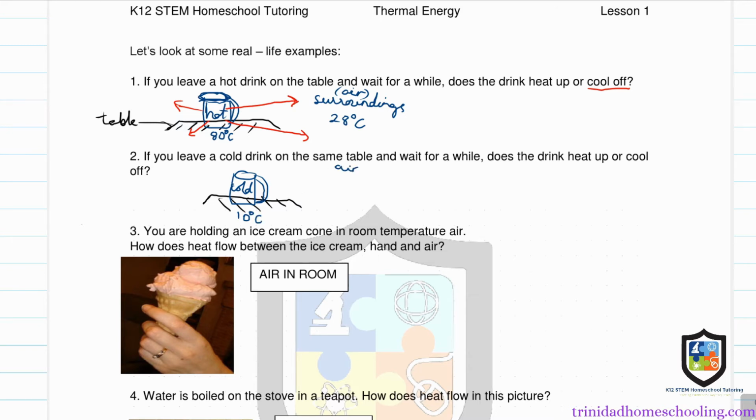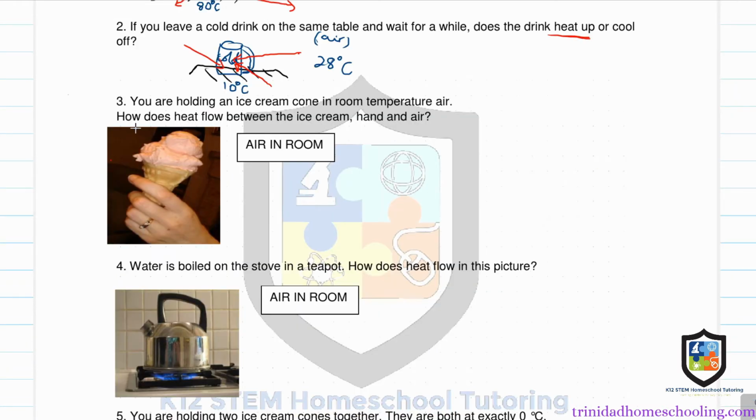The air in my surroundings is at 28 degrees Celsius. What will happen to the drink in the mug? Will it heat up or will it cool off? Well, heat would move from the hotter air into the colder mug. If the table is 28 degrees as well, the heat would move into the cup, which will heat up my drink.